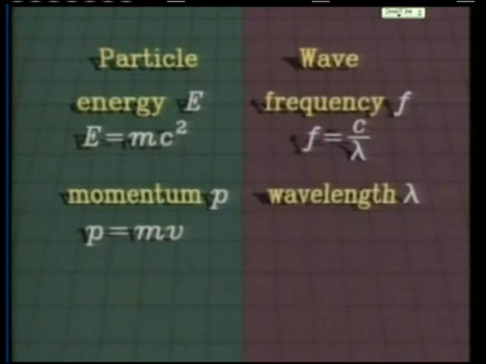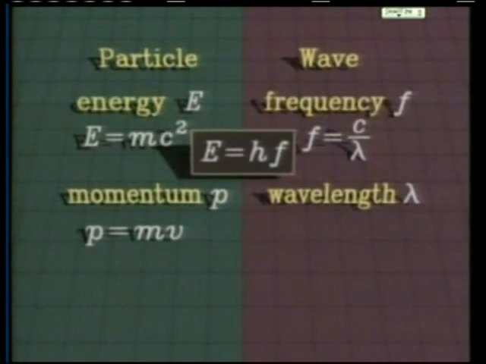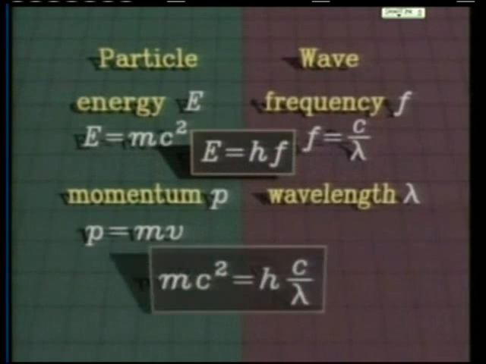And Planck's theory had given a clue to what it might be. Max Planck had associated the energy of a light particle with the frequency of its wave. Going a step further, de Broglie combined this with the particle's energy according to Einstein's relativity theory, E equals mc squared.